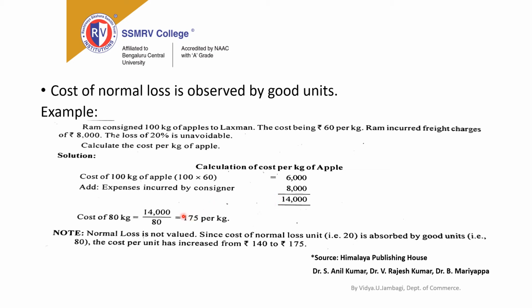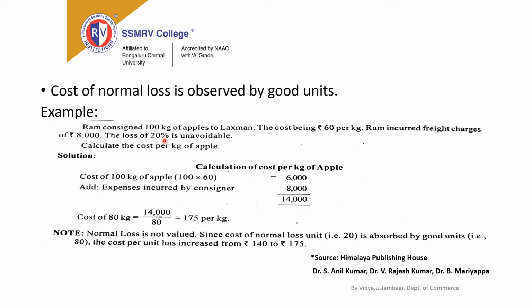Now this 14,000 is to be distributed only to the good units, because the problem says 20% is unavoidable loss. So out of 100 kgs, 20% is normal loss, so that is 20 kgs.